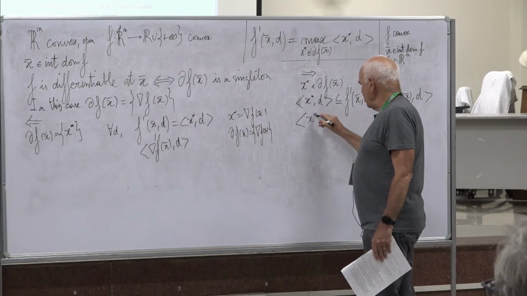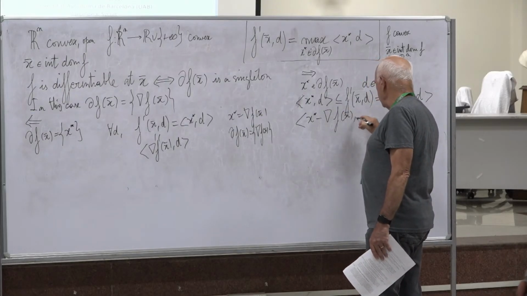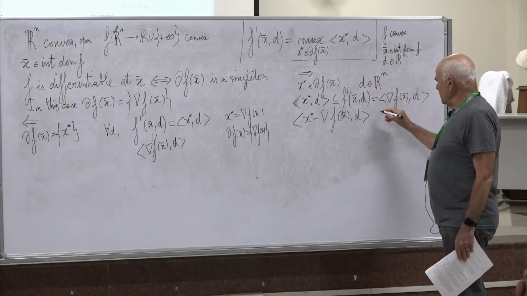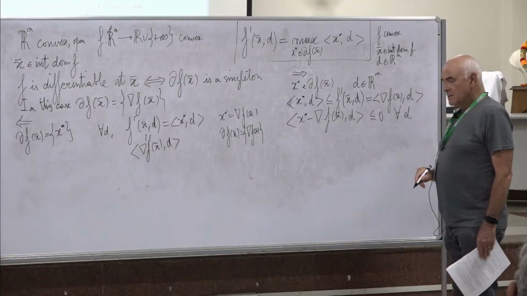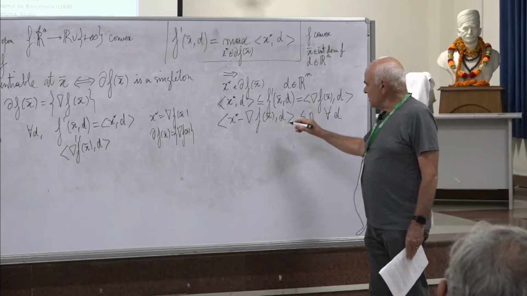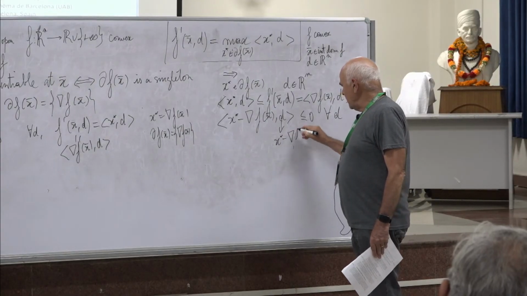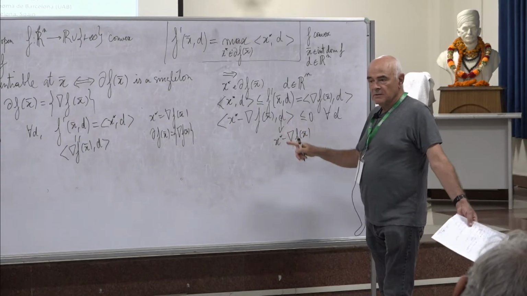Here you have x star minus the gradient of f of x bar times d less than or equal to 0 for every d. If this is true for every d, in particular, this is true for x star minus the gradient of f of x bar. I can put any vector here.